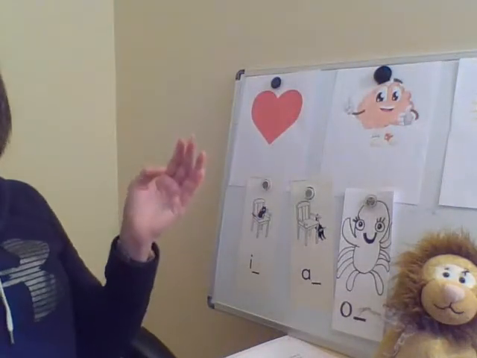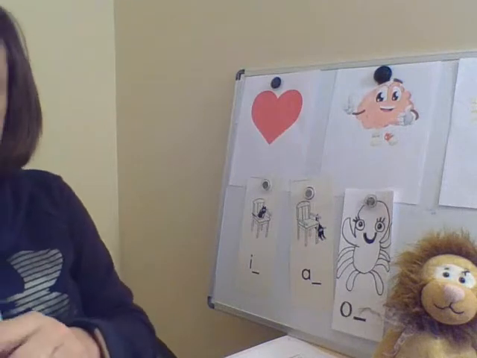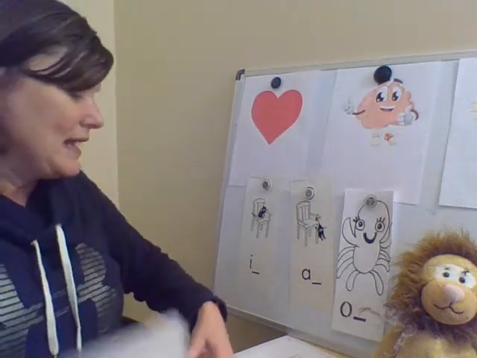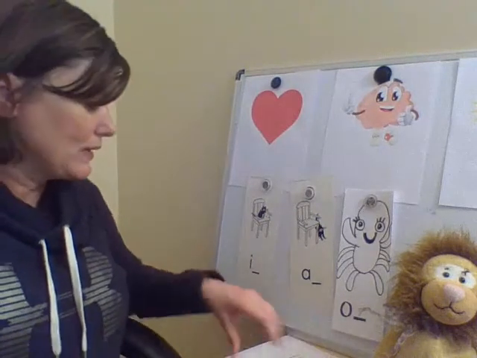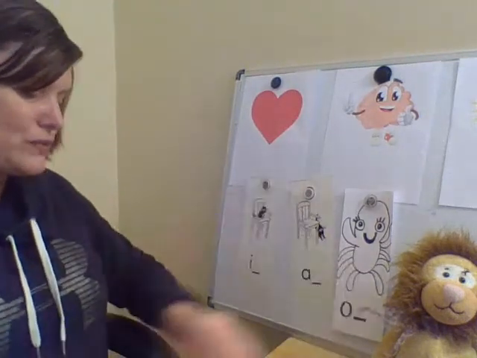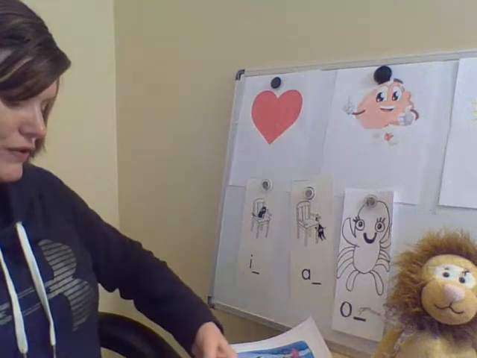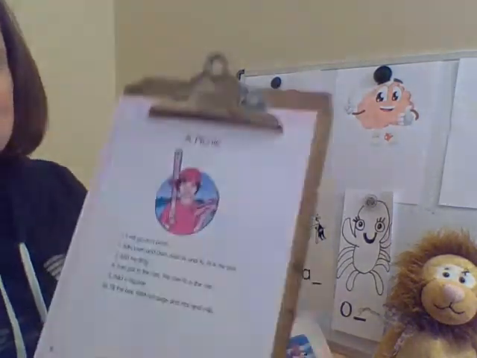Fantastic. Okay, guys, the last thing we are going to do for our lesson for today is to read a story that has the sounds we're learning as well as the sight words that we're learning. And it's about a picnic.